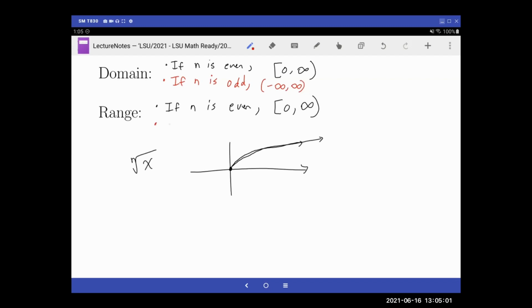And the range, if the index is odd, is also negative infinity to positive infinity. And that's because it's the other side of the graph, right? So same graph as whenever it's even, except it also has this, you can see the red part there, right? It has a negative region as well. Okay, so it does both.